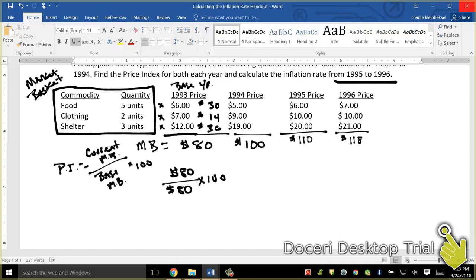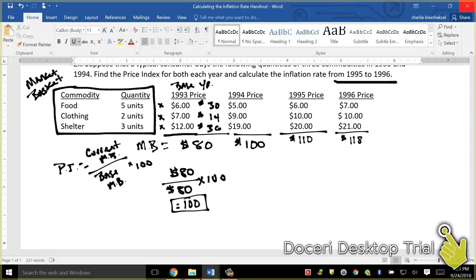Price index for 1993 is going to be 100. And that will always be the price index in the base year, because in the base year, your current and your base market basket value will always be the same thing. Okay? 100. Moving on to 1994.